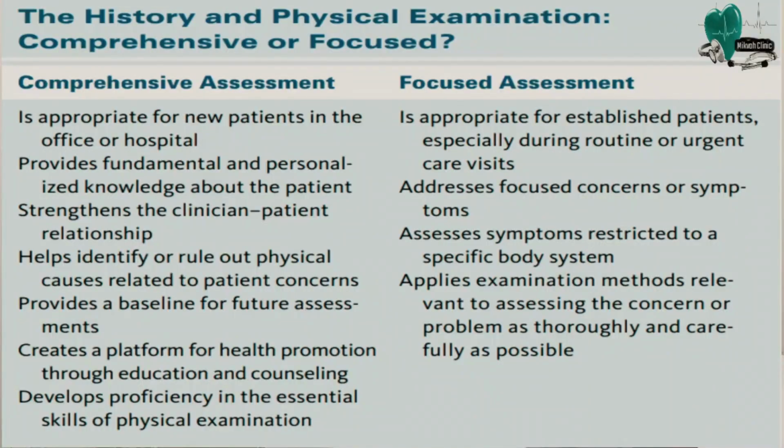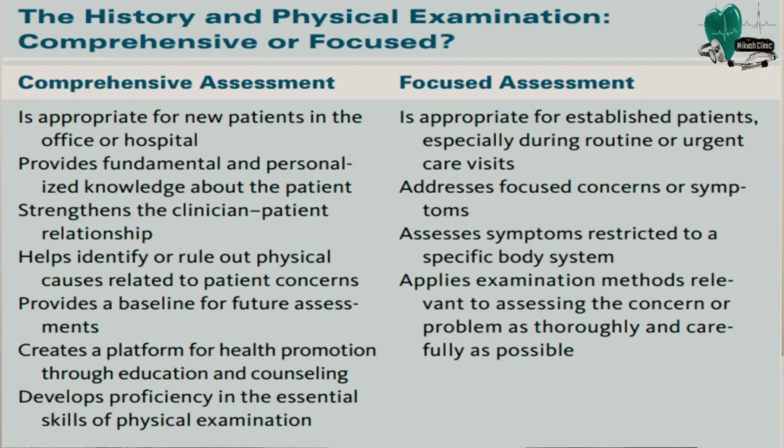Based on this, there are two types of patient assessment. The first one is comprehensive assessment, the second one is focused assessment. Comprehensive assessment is used when we evaluate the patient for the first time. That means if we never evaluated him before, we have to explore each and every aspect of the components of the history.